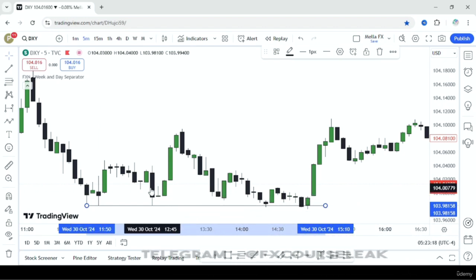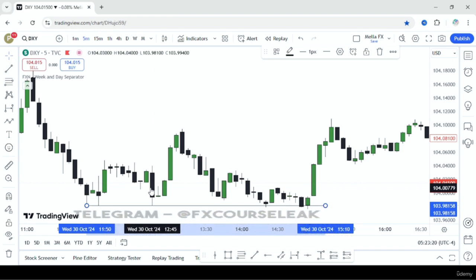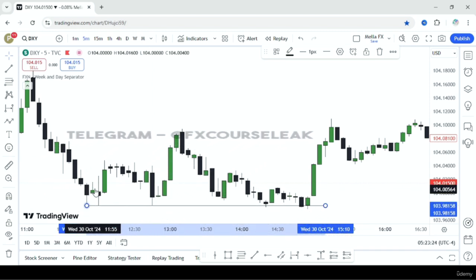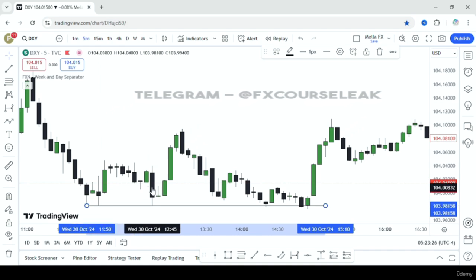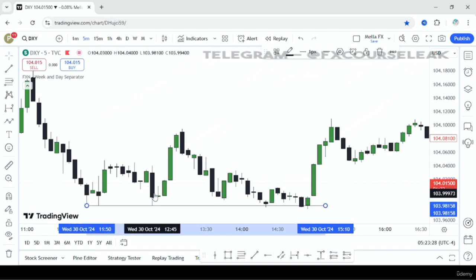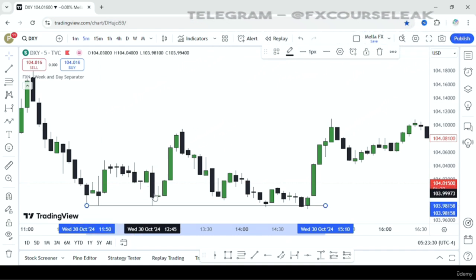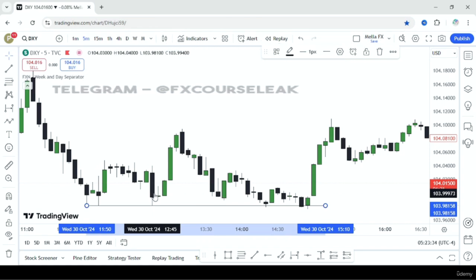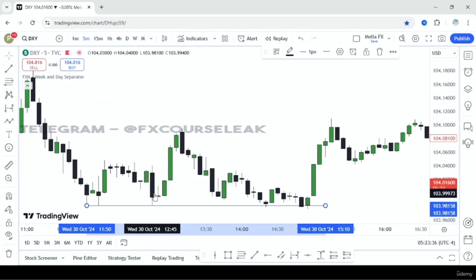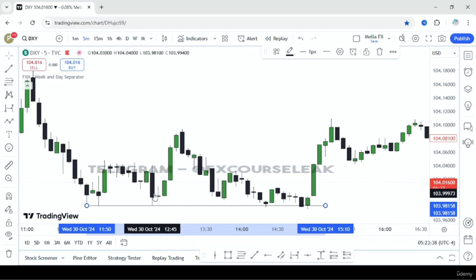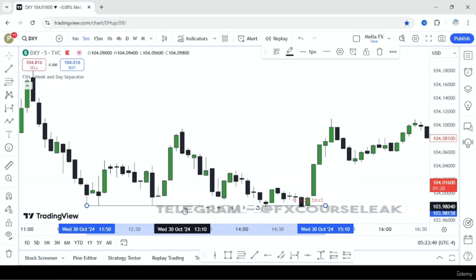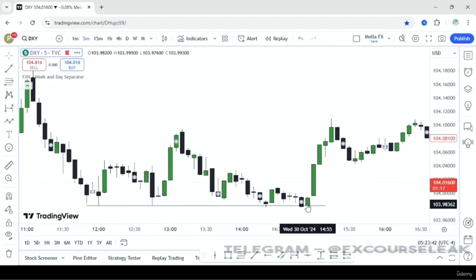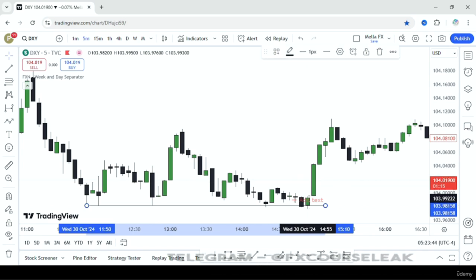So when we get such an instance where the market does not come for this first level of liquidity, but continues to hang above, that is when we start to anticipate that the market may run that form of liquidity, and this liquidity is the sell stop. So these are sell stops.